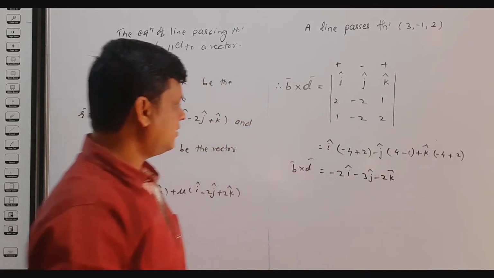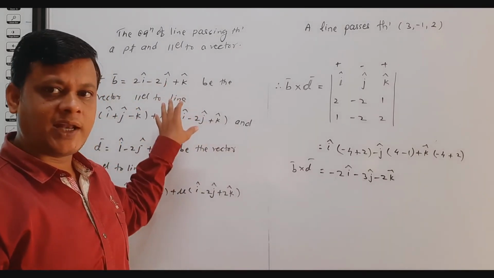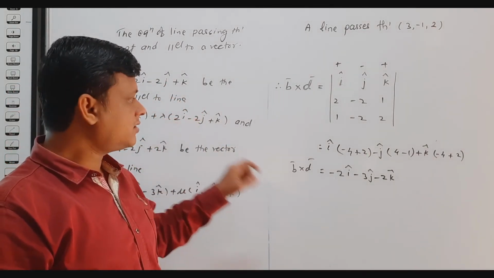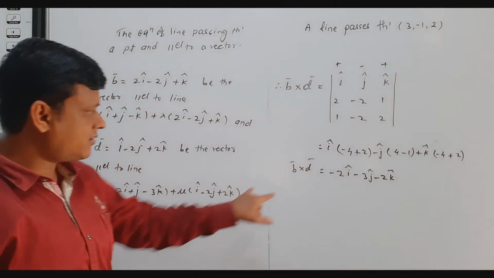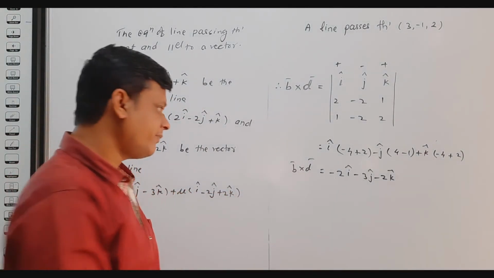This vector is perpendicular to the given lines, and the required line is perpendicular to these two given lines, that means this vector is parallel to the required line.